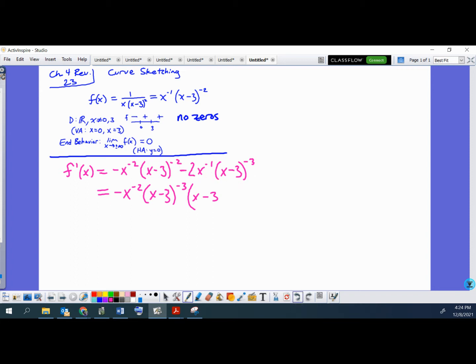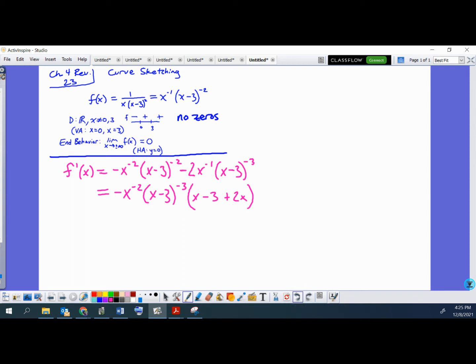And what's left here is 2x from this part, right? So plus 2x. Take a look and think it through if you're not sure. If you distribute the negative x to the negative 2 to this term, it gives you the negative 2x to the negative 1. And then, of course, this part gives you the x minus 3 to the negative 3.